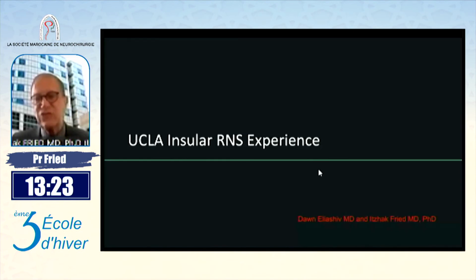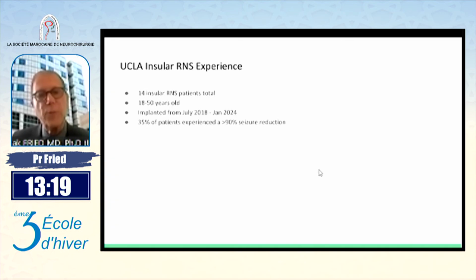What about insular RNS? That would be the last topic here. We have had, in that period of time, 14 insular RNS patients total, ages 18 to 50. 35% of the patients experience a greater than 90% seizure reduction.